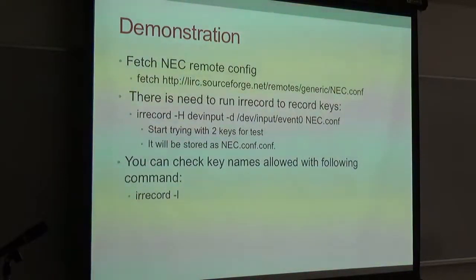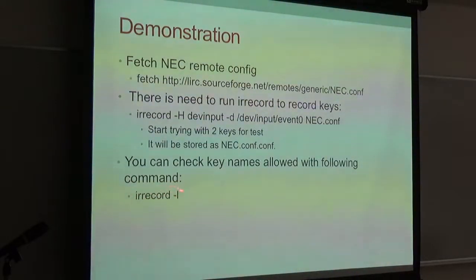So this is some kind of learning mode. This is for IR learning. Some kind of stuff that you used to do with a universal IR remote? Yeah, I think there are some key names allowed with LIRC, and those can be listed this way.